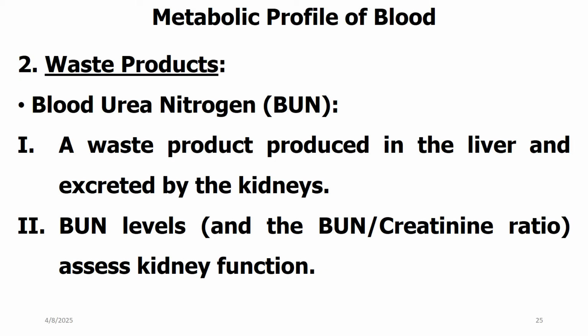Still on waste products, the blood also contains blood urea nitrogen. Blood urea nitrogen is a waste product produced in the liver and excreted by the kidneys. Blood urea nitrogen levels and the blood urea nitrogen to creatinine ratio assess kidney function.